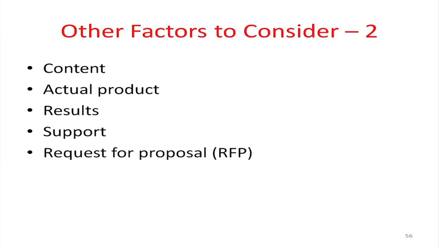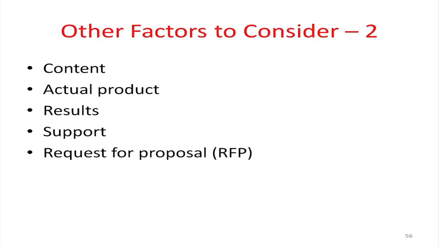And finally, you go for an RFP, that is request for proposal. So, ultimately if you decide that the program is to be offered by an outside expert, you decide that you are going to float a tender invitation, which is known as a request for proposal, and there you ask the vendor to provide all the details, and this could be in two parts, that is technical details and also financial details.